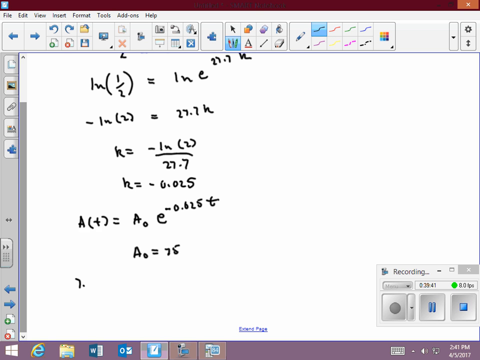So 7.5 is equal to 75 e to the negative 0.025 t. Then you divide that out. So this is 1/10, right? When you divide 75 into both sides.